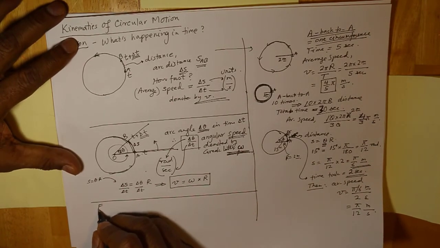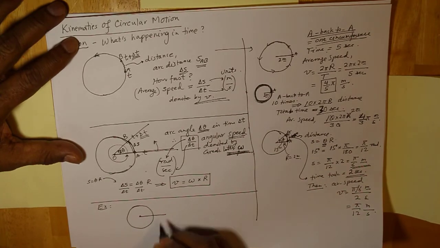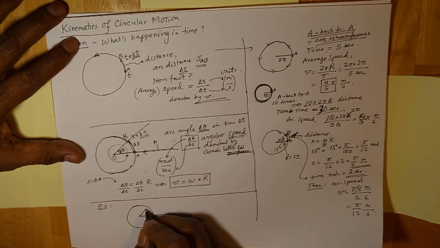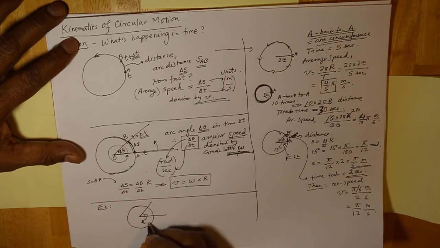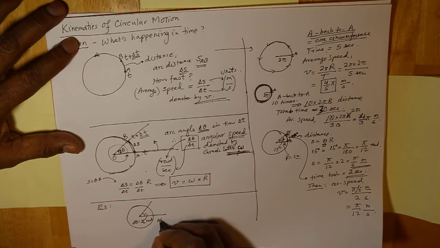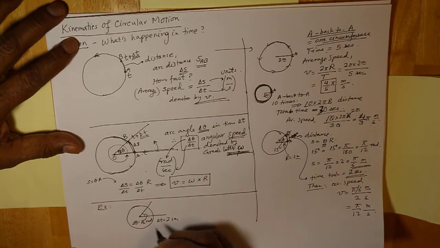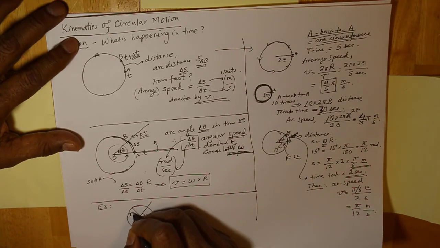Just an example: say I was going in a circle, and I went from this direction to that direction, an angle of pi. Delta theta is pi radians, maybe delta t is 2 seconds, and say this radius is 2 meters.